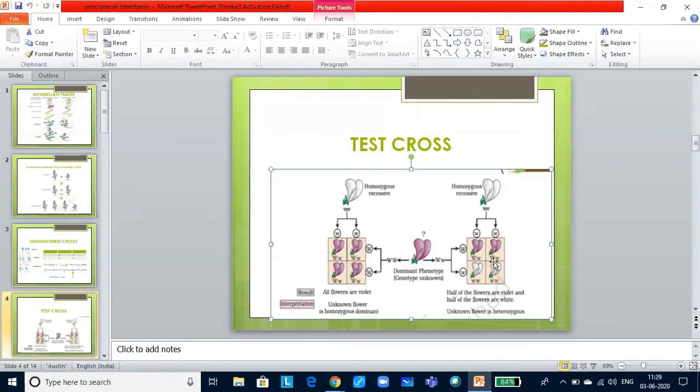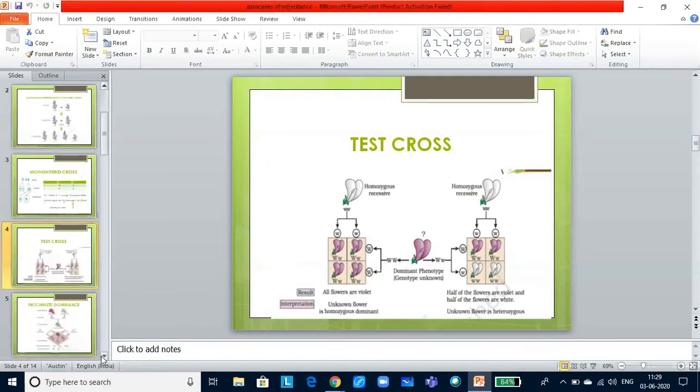Now if we repeat the same cross and get 50% purple flowers and 50% white flowers, then the plant is heterozygous. That means the plant carries both the dominant and the recessive gene, as a result of which we see 50% of plants white and 50% purple. So this is about the test cross.